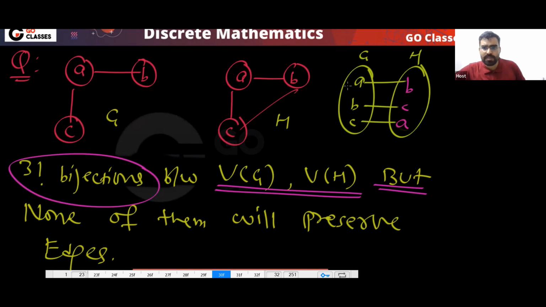This bijection is not preserving edges because there is no edge between B comma C in G, this is your G, but there is an edge between C comma A in H. So whatever bijection you create, we have these many bijections, but none of them will preserve edges.